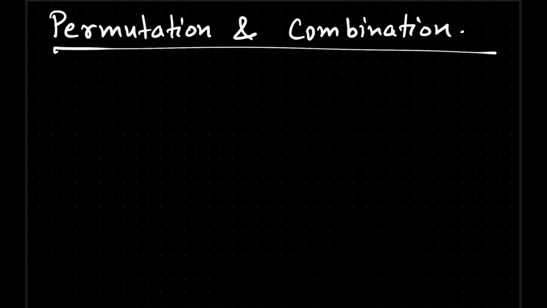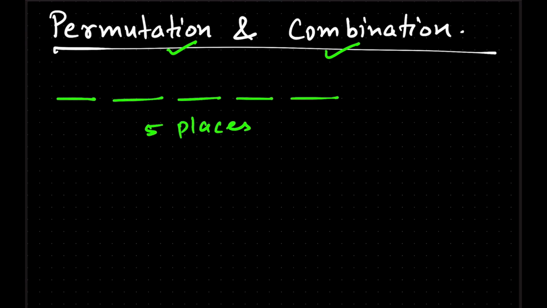Now let's see a case where we see application of both permutation and combination. For example, you have 5 places, but you have 8 objects and all are distinct objects. Now how will you fill these 5 places with 8 objects, and if you are asked the total number of ways, how will you go on with this?